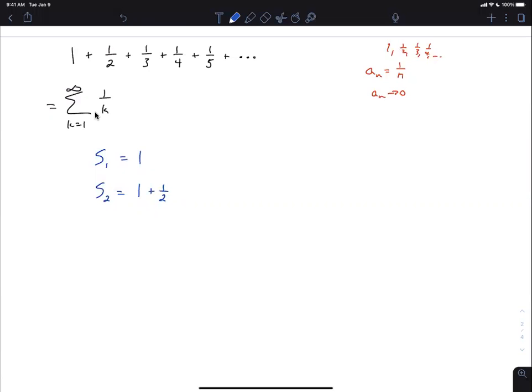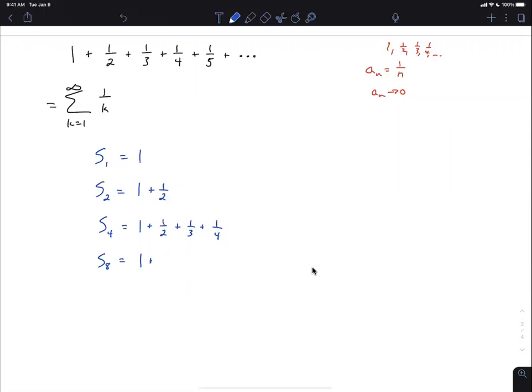Okay, now we're going to actually skip S3, and then we're going to put S4. And S4 is 1 plus a half plus a third plus a fourth. Please ask if any of this is unclear as far as how I'm getting these. Okay, and so then actually I'm going to jump to S8.